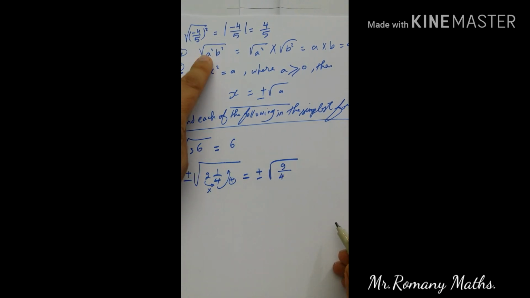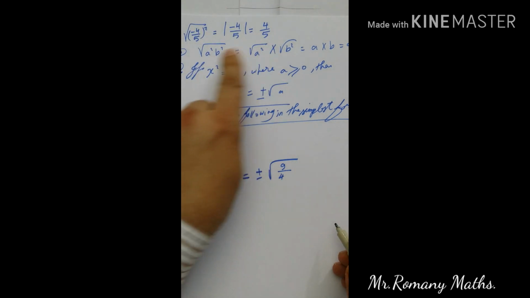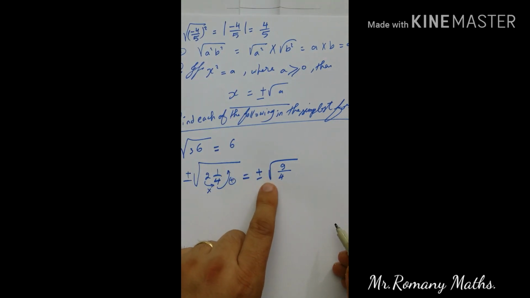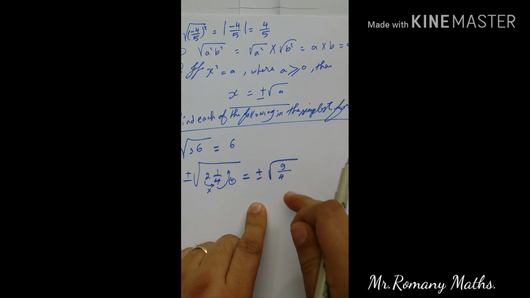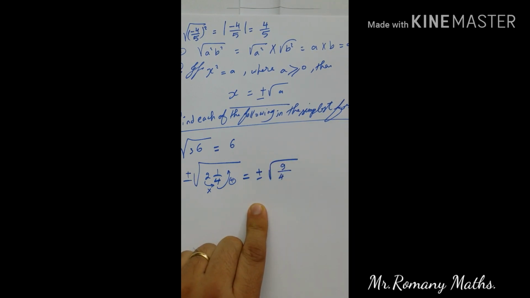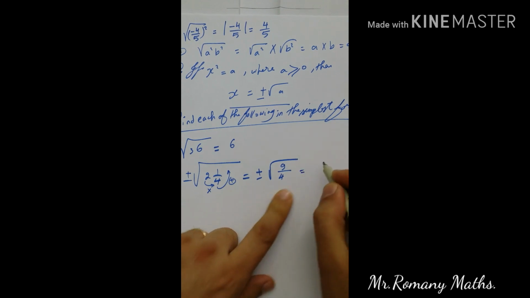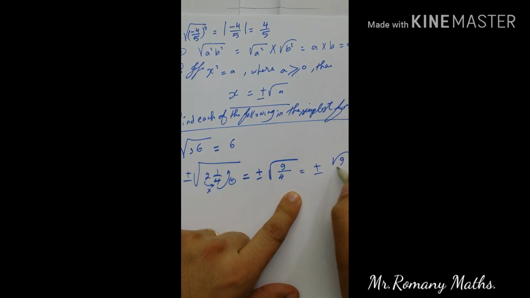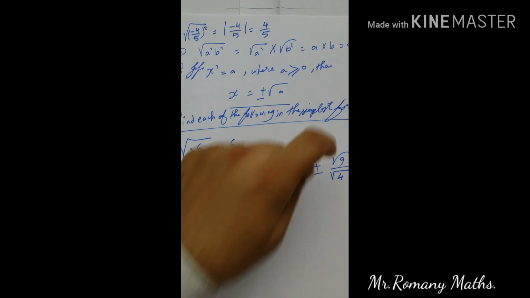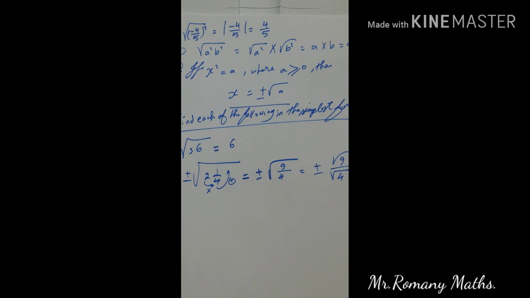As we distributed before, the square root on the two terms if they are multiplied, you can distribute also the square root on the numerator and the denominator. Equals positive or negative square root 9 over square root 4 equals positive or negative. What is a number which, if multiplied by itself, gets 9? 3. Excellent. What about the 4? What times itself gets 4? Excellent. It's 2.